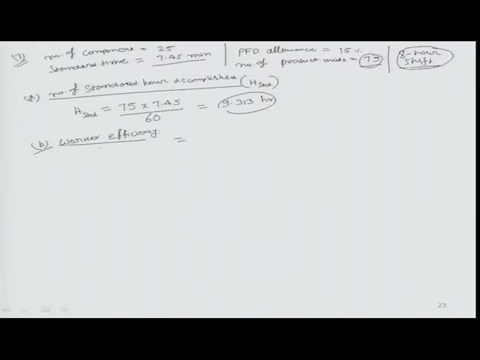So the worker efficiency, you can see, has increased. What will be the efficiency? 9.313 divided by 8 hours, that is equal to 1.164. If you want to write it in percentage, then we will have to multiply it by 100. So it will be 116.4%. It means the efficiency of the worker has increased, by 16.4%.